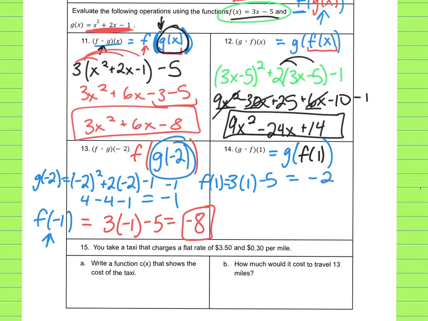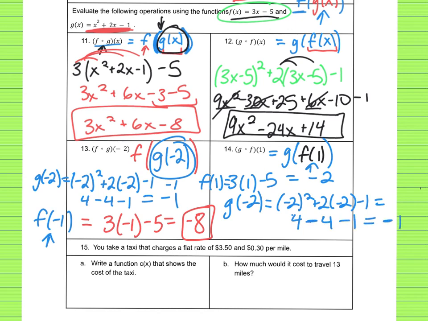Minus 5 is negative 2. So now I'm just going to plug in that negative 2 for f of x. So it's just g of negative 2, which is negative 2 squared plus 2 times negative 2 minus 1. Negative 2 squared is 4. Minus 4 minus 1 equals negative 1.